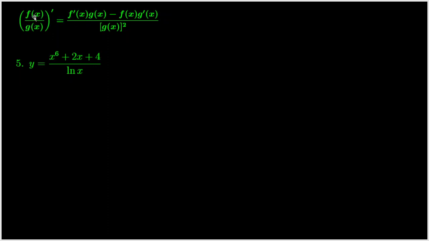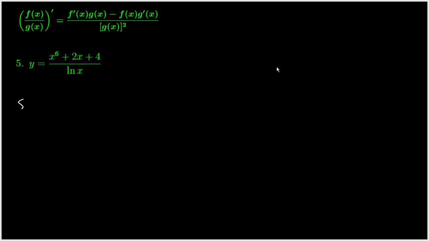In the formula, f of x is the numerator, g of x is the denominator. The only thing I want you to be careful about is the minus sign here. Do not use a plus sign. It's actually a common mistake. For the quotient rule, you have a subtraction in here.